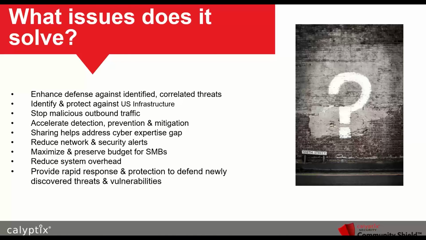So how do we do this? What's it all about? Well, we identify the inbound threats through various ways, and we share those IPs with all the sites. That stops both the inbound traffic and the outbound traffic. The goal is to accelerate detection, prevention, and mitigation, and reduce the noise.